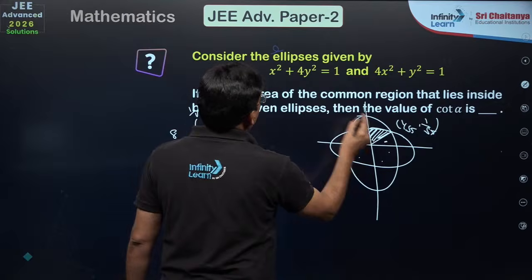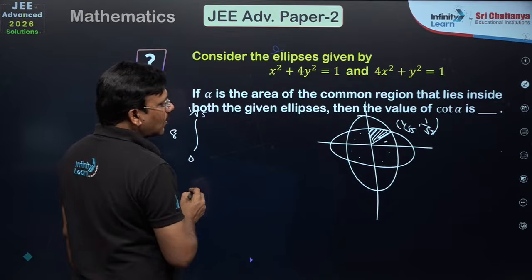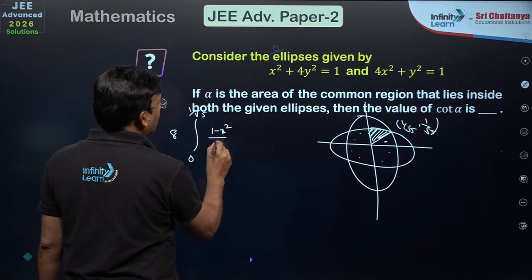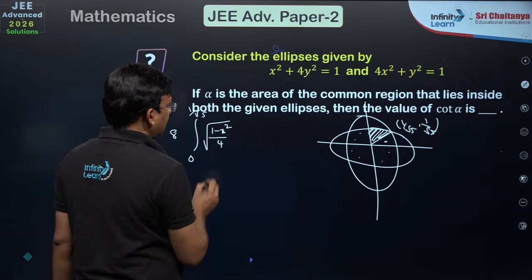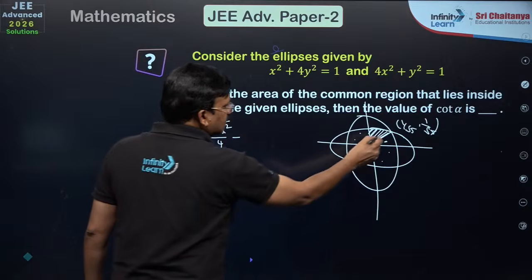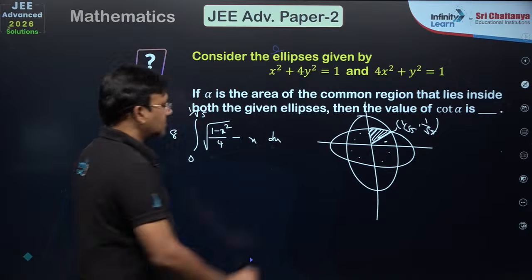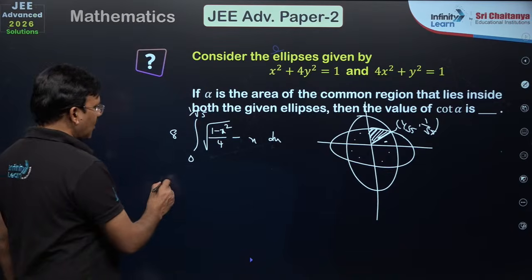What about this curve? On the x-axis I am doing under root 1 minus x square by 4, minus this curve y is equal to x line, x dx. That's it. So this gives you the answer.